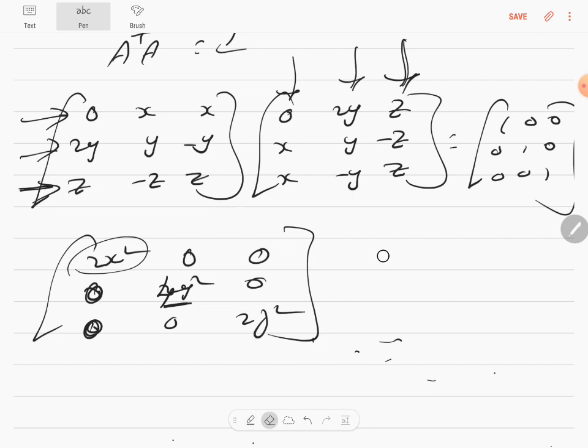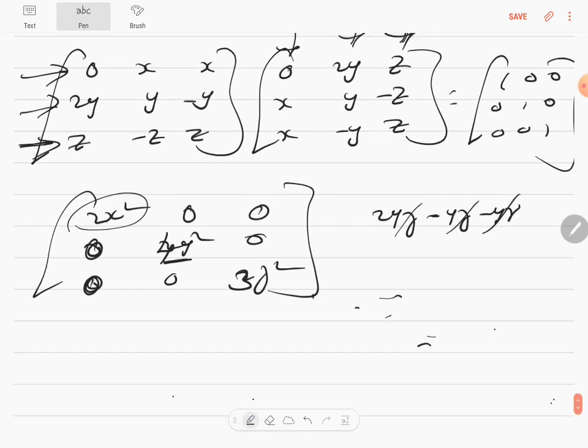Third row, second column is 2yz minus yz minus yz, which will again be 0. Third row, third column: z square plus z square plus z square. I'm getting 3z square. So this is different. This is what I'm getting. I hope my answer will be right.